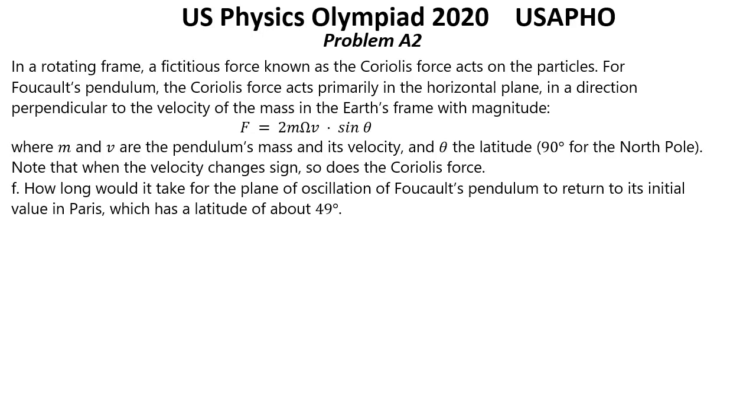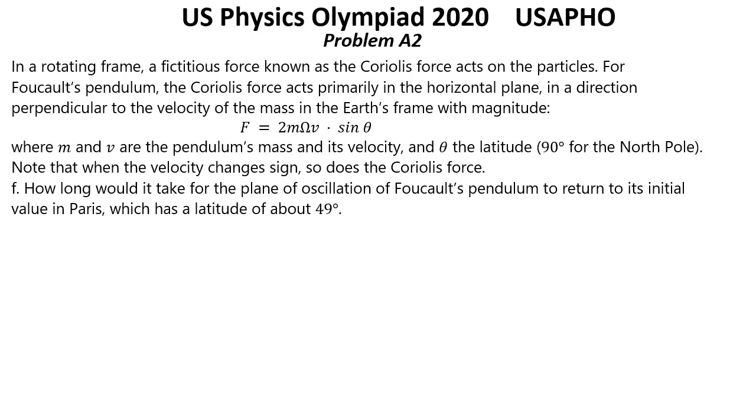For Foucault's pendulum, the Coriolis force acts primarily in the horizontal plane, in a direction perpendicular to the velocity of the mass in the Earth's frame, with a magnitude F equal 2m big omega v multiplied by sine theta, where m and v are the pendulum's mass and its velocity, and theta the latitude, 90 degrees for the North Pole. Note that when the velocity changes sign, so does the Coriolis force.